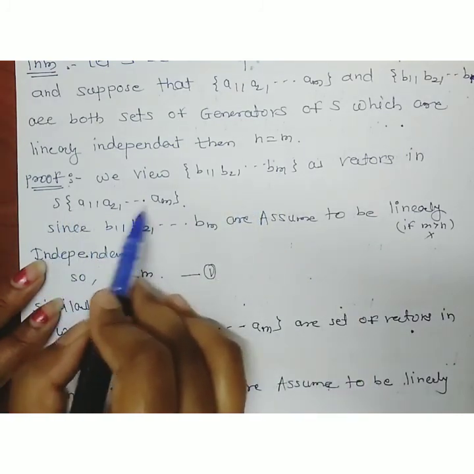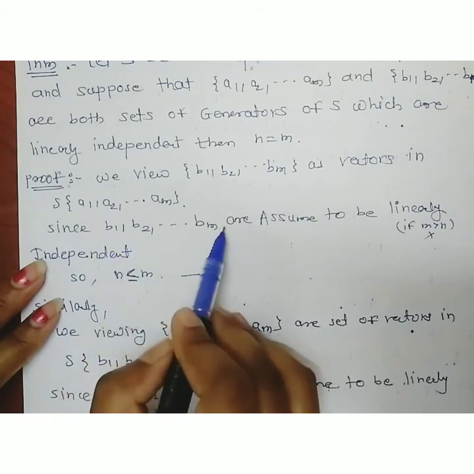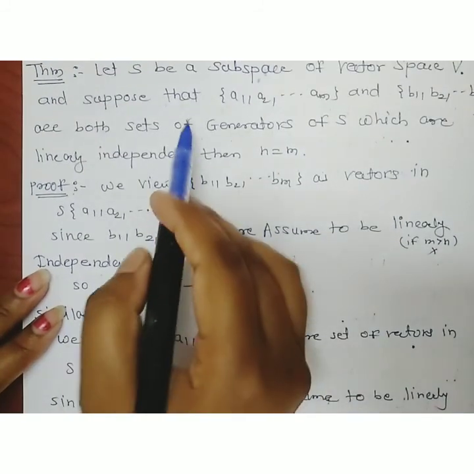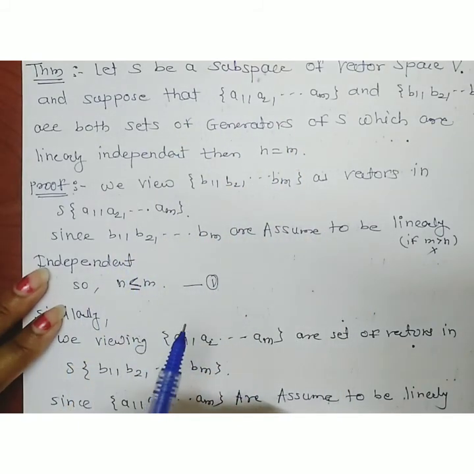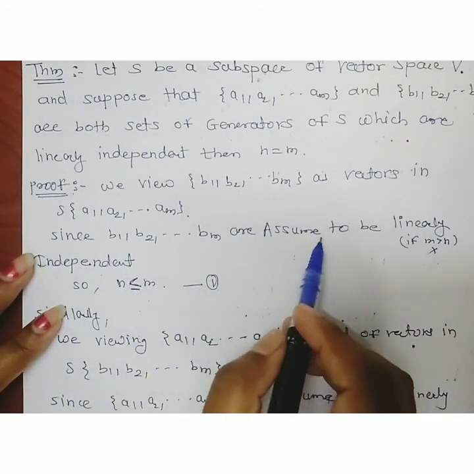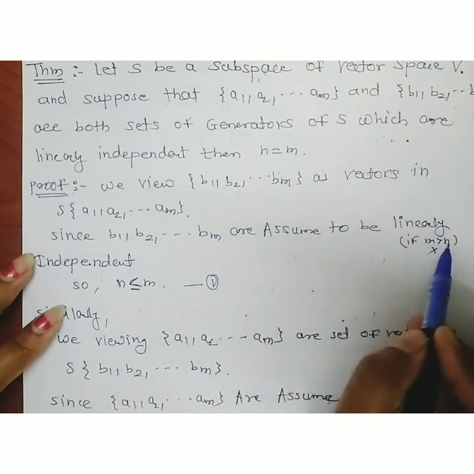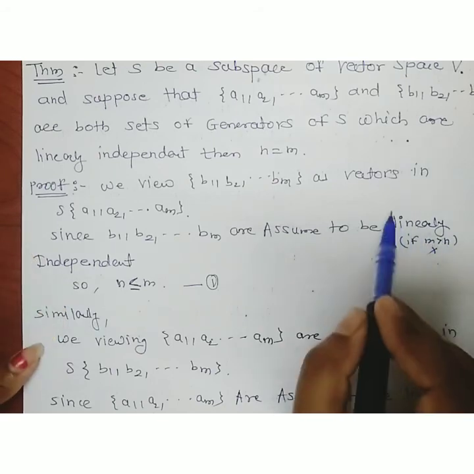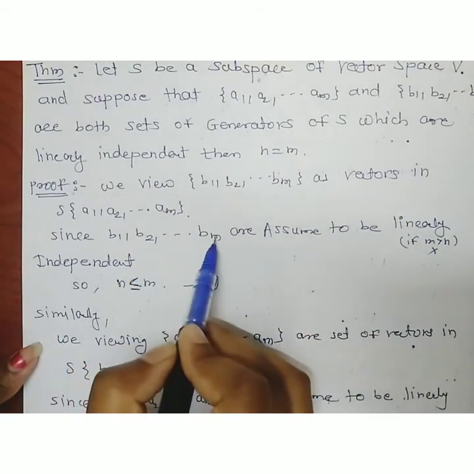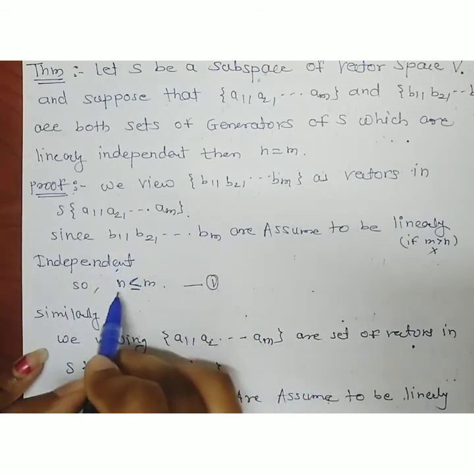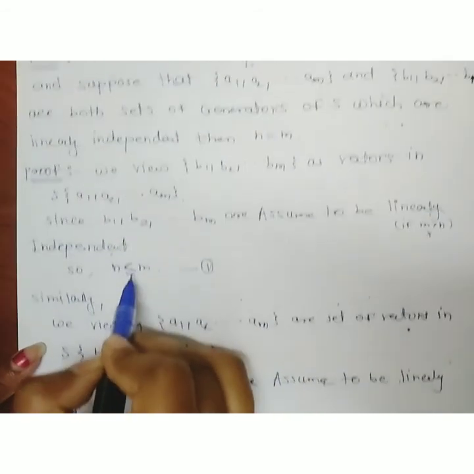As B1, B2, Bm are linearly independent, given in the statement, if m were greater than n, by the previous theorem this set would be linearly dependent. But it is given as linearly independent, so n is less than or equal to m.